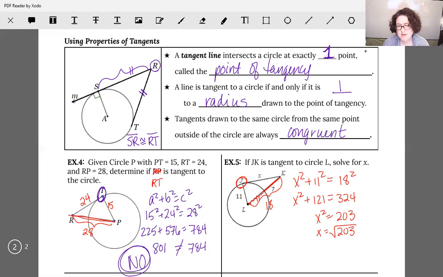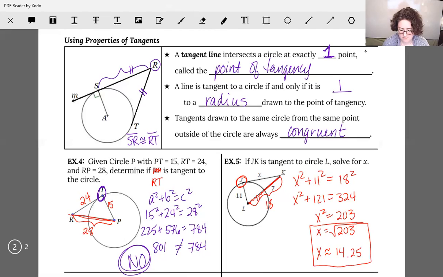We could absolutely test it out with a factor tree, and I believe that one comes out prime. So the most exact we could get is either leaving it as the square root of 203 or rounding it off to our decimal, which would be about 14.25. The problem didn't specify which way to leave it, so either one of those would be a valid solution.